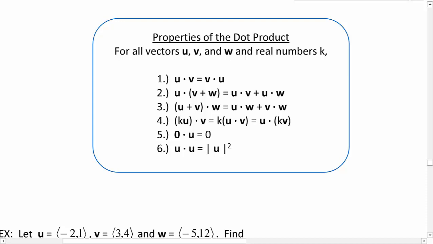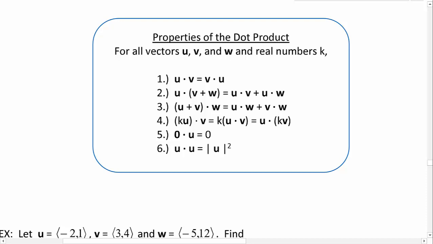In property number 4, we have a vector u that's being multiplied by a scalar dotted with another vector. Here it shows the associativity of the dot product, that we could choose to do the dot product first and then multiply by the scalar, or we could switch it up and multiply the second vector by the scalar and then dot it with the first one.